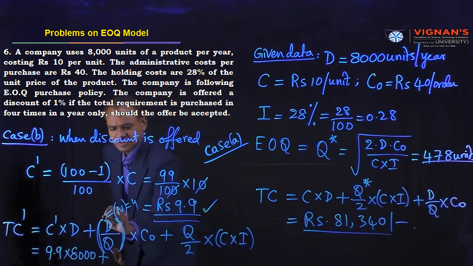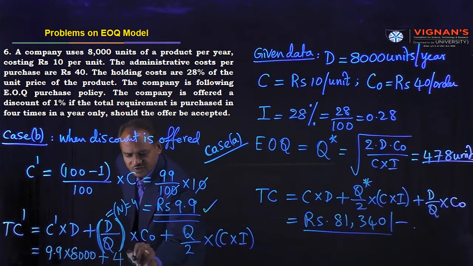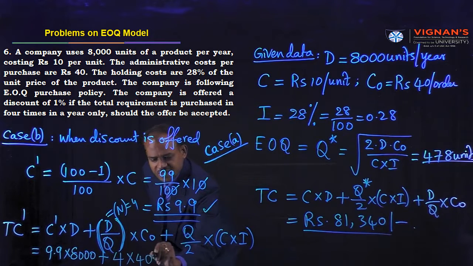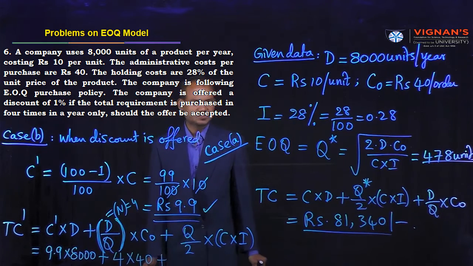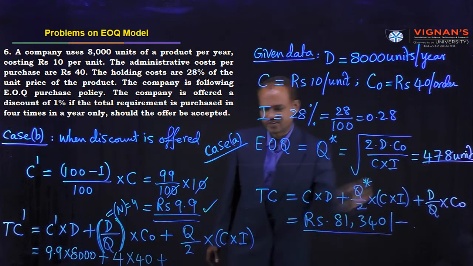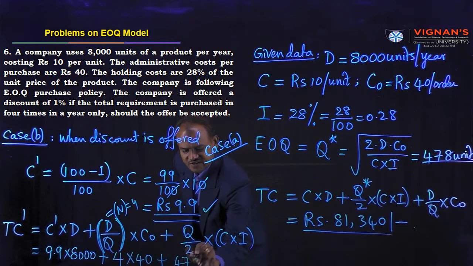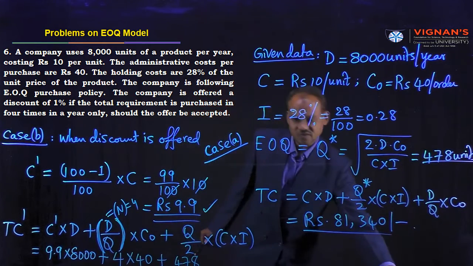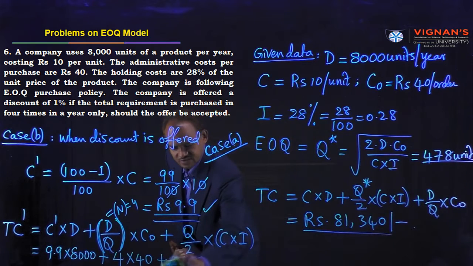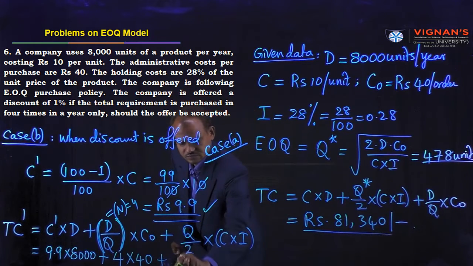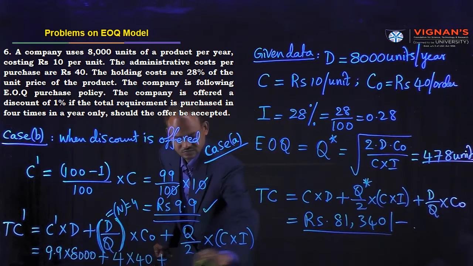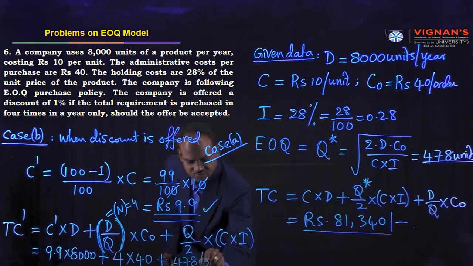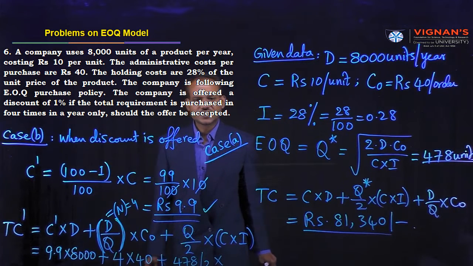In place of D by Q, simply substitute 4 into C naught as usual 40, plus Q by 2. Q means 478, as we calculated the Q value in the earlier case. So Q by 2 means 478 divided by 2 into C into I.